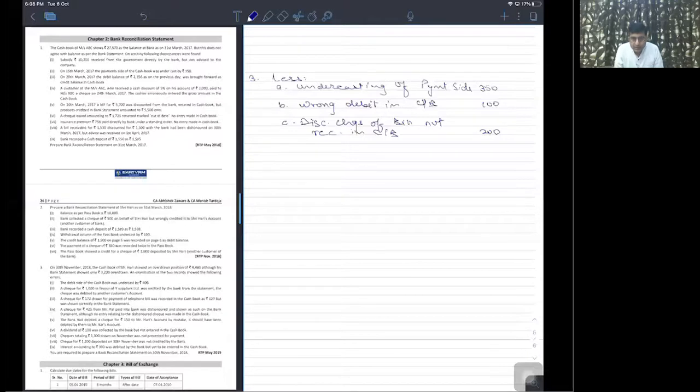Niranjan, sir, in second, do we have to add as we have to find the bank balance? अरे भाई साहब, you have to prepare the reconciliation statement of cash book bank column only or not?